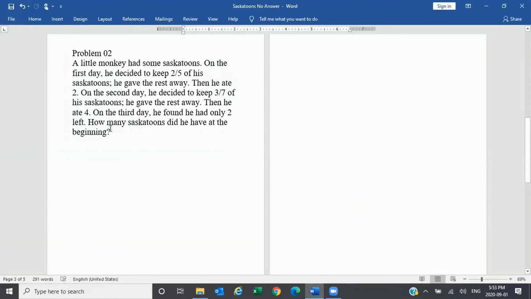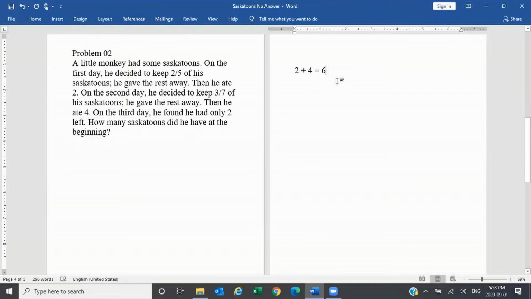Okay, so do this. It says here that he only had 2 left, and over here it says that he ate 4. So we're going to add the 2 and 4 together. 2 plus 4 equals 6.